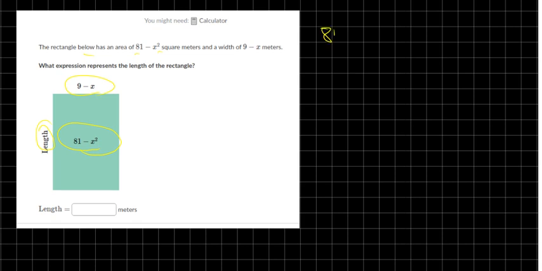So I have 81 minus x squared, and I can identify that as the form a squared minus b squared, where it's 9 squared minus x squared.